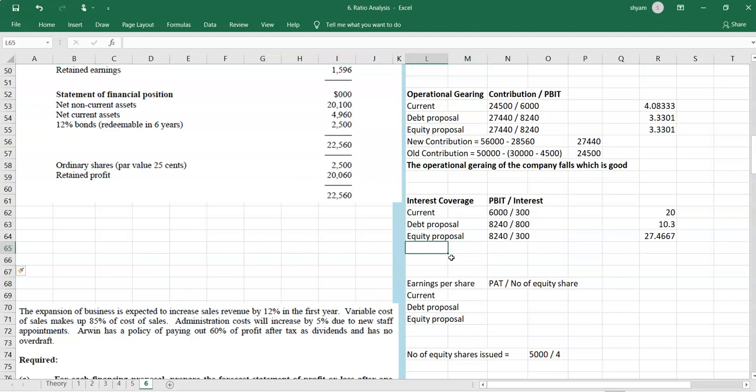Okay, so we can put a comment like this. The debt issue reduces the interest coverage ratio to 10 times, but it is still comfortable.